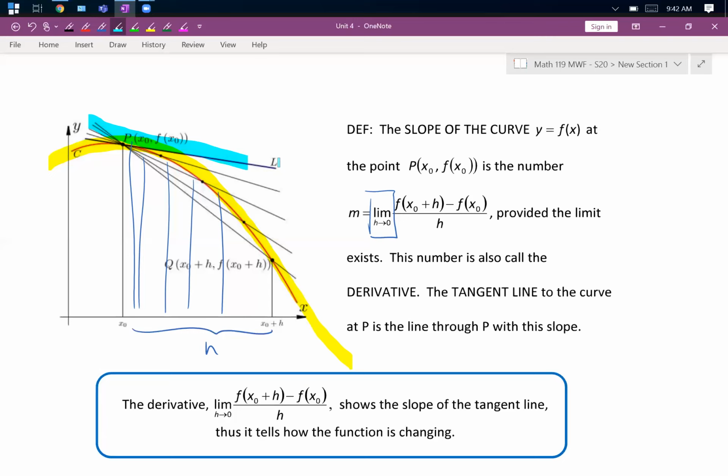A tangent line hits a curve in exactly 1 place. So if we take this slope of a secant line, but make our h value get as small as absolutely possible, we turn this secant line into a tangent line, and since it's only hitting 1 point, it's giving us the slope of the curve at that exact point. It's like instantaneous slope.